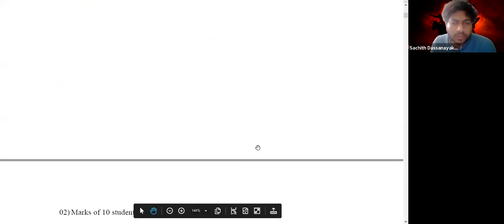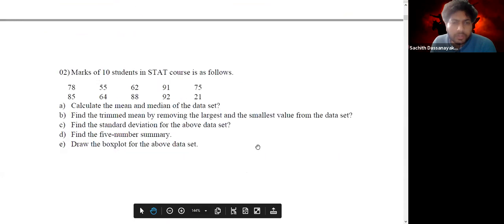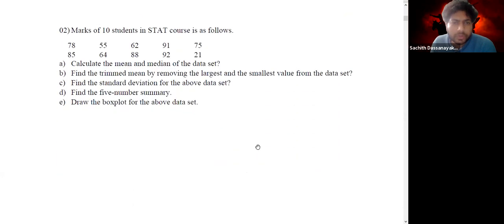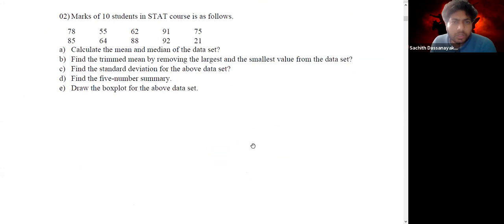Okay, I'm going to question number 2. This is based on, okay, find number summary, which means chapter 2. Marks of 10 students. You can see marks of 10 students in here. Calculate the mean and median of the data. Okay, mean, you know how to calculate it.